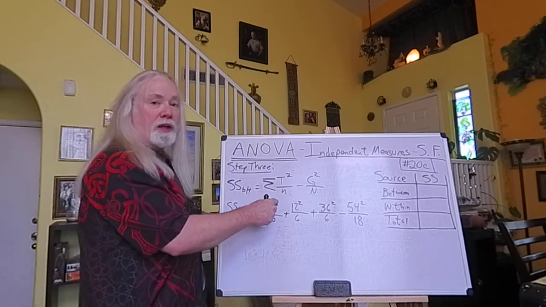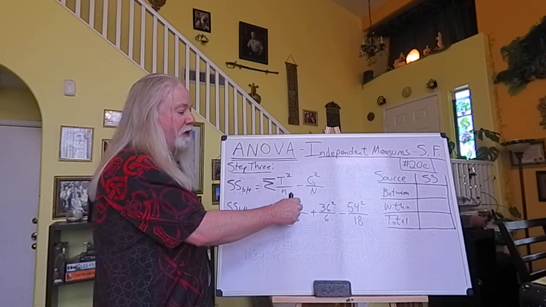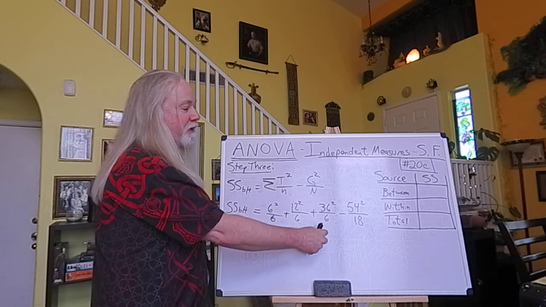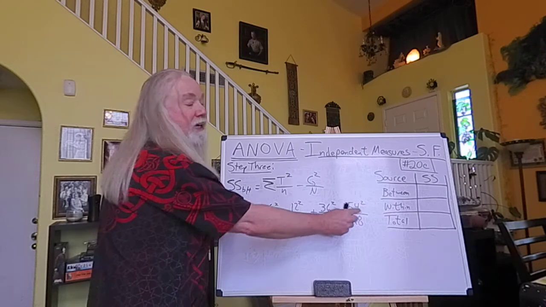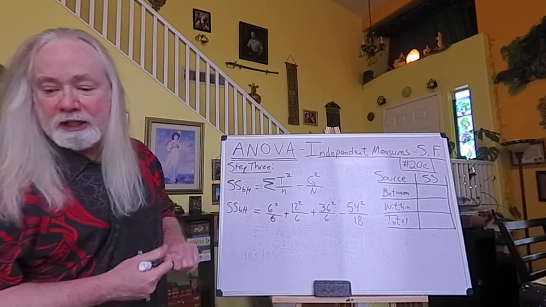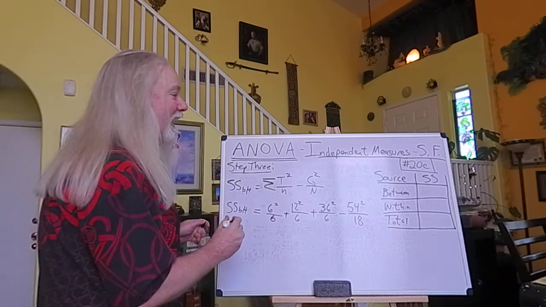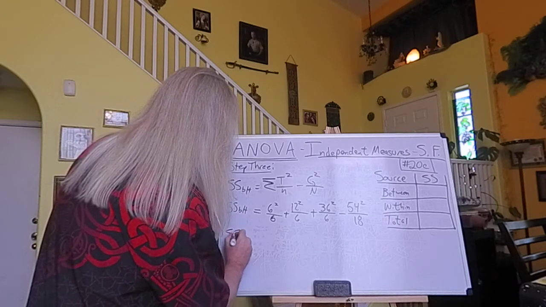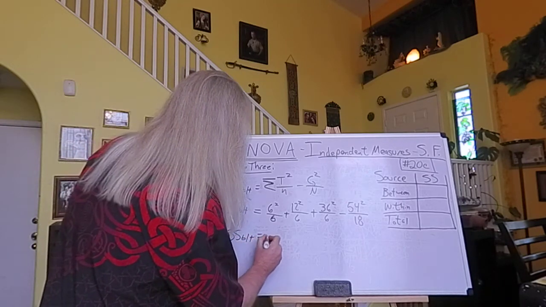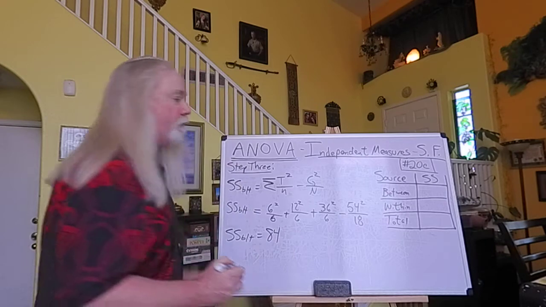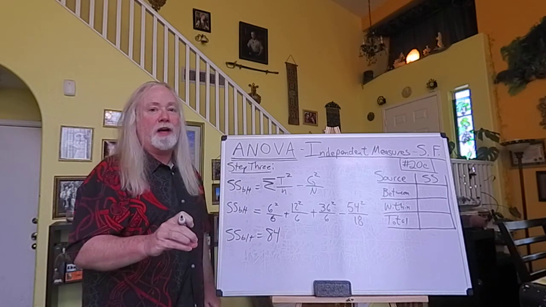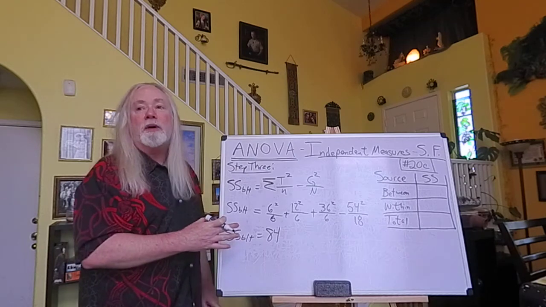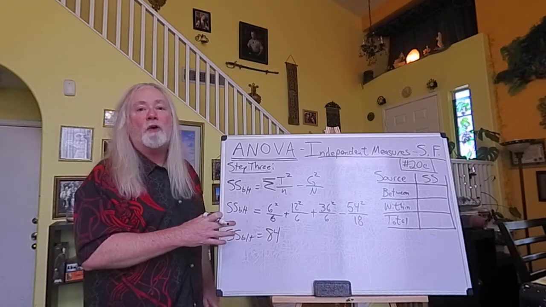So square this, then divide. Then square this, then divide, square this, then divide, square this, then divide, and then fraction plus fraction plus fraction minus fraction. What you should get when you do all that is 84 points. So what I recommend you do here is pause the video, grind the numbers, and see if you can make it come out to 84 points.